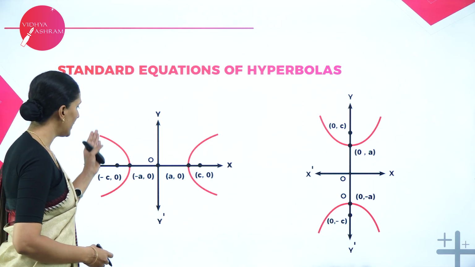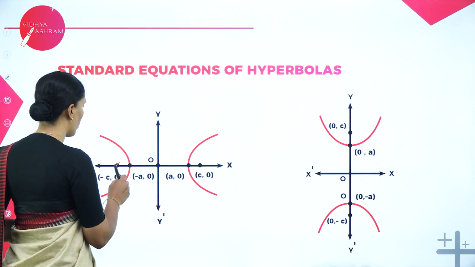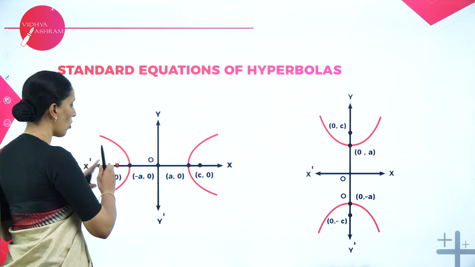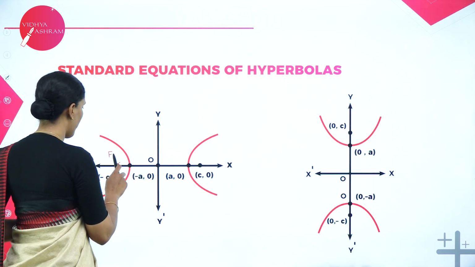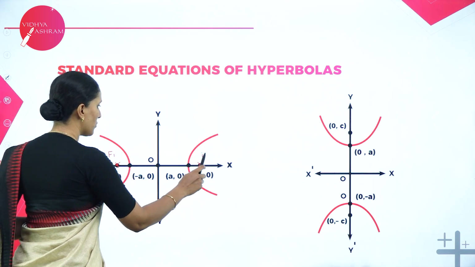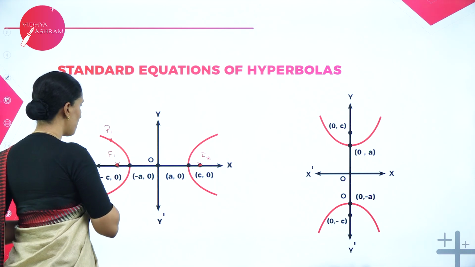So how do we get this type of curves? If you consider these two as foci, the focus is always outside the vertex. Consider this as focus F1 and this as focus F2, and consider any point on the hyperbola, say P1.